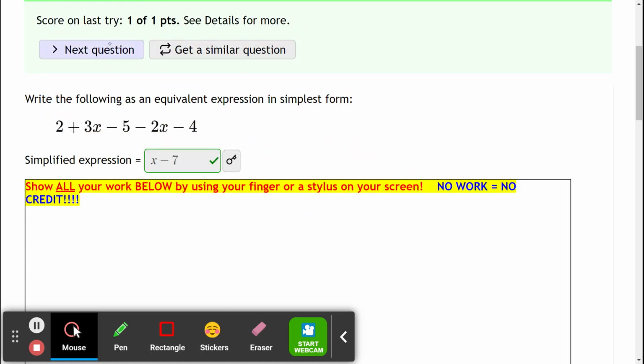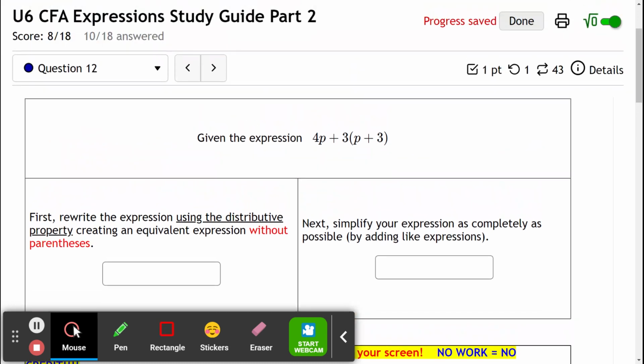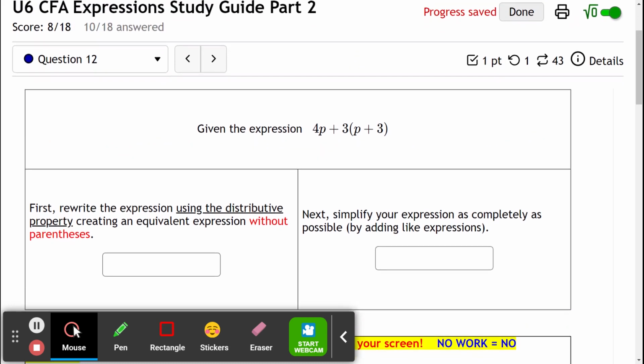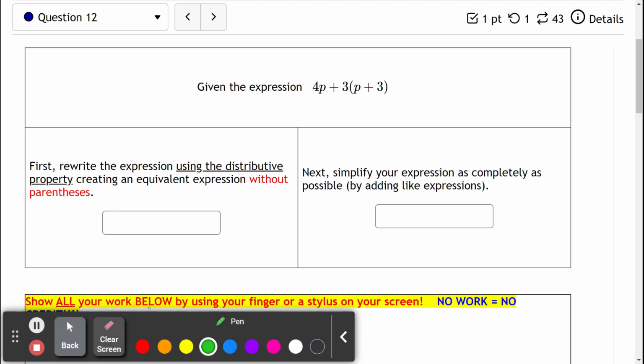Okay. So we're going to distribute. We have 3 times p is 3p, and 3 times 3 is 9. And then we have 4p.